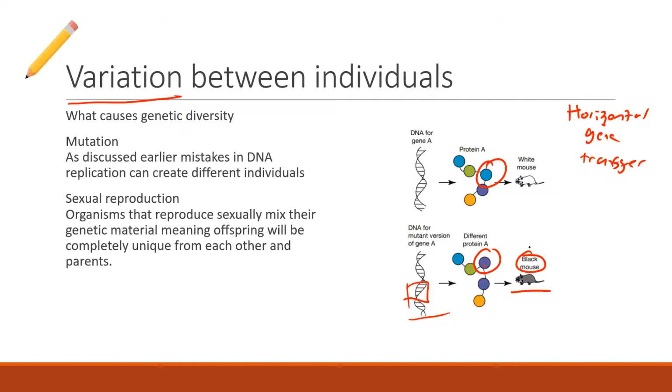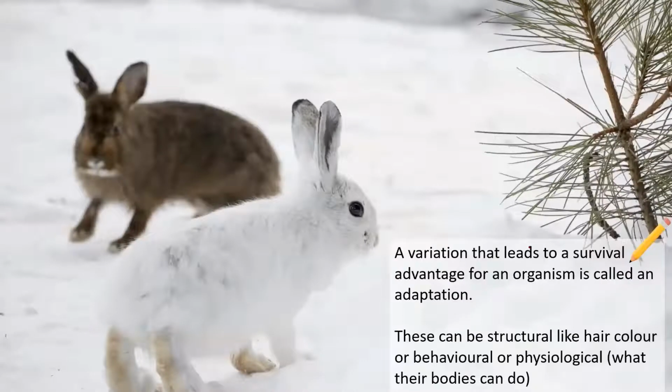So let's talk a little bit about that. If there's variation between individuals, we've got mutations, what happens when one of these mutations is actually a good thing? Do we have a special name for it? And we do. A variation that leads to a survival advantage for an organism is called an adaptation. So a good mutation is called an adaptation.